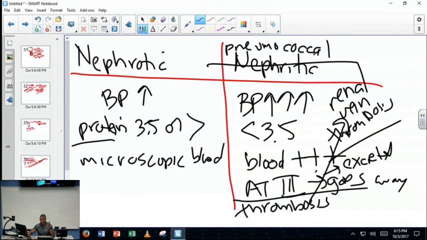If your complement is in the toilet, literally, pneumococcal infections become very common. It actually is one of the causes of death of these people. They get severe pneumococcal infections because they have no complement to destroy it. Complement literally makes a massive hole in this bacterium, and nothing can survive that.